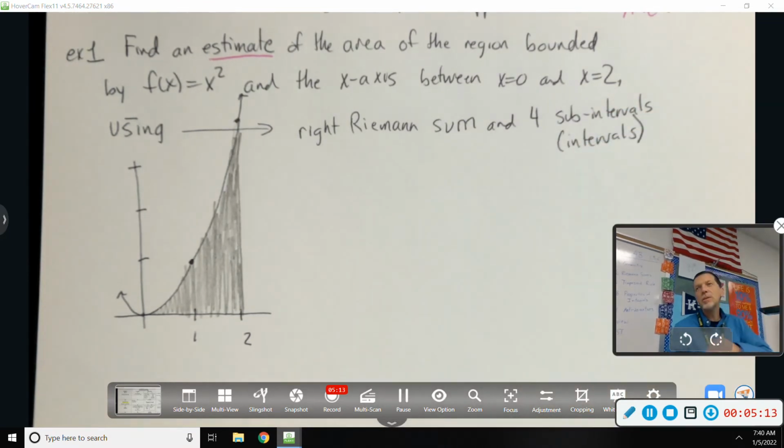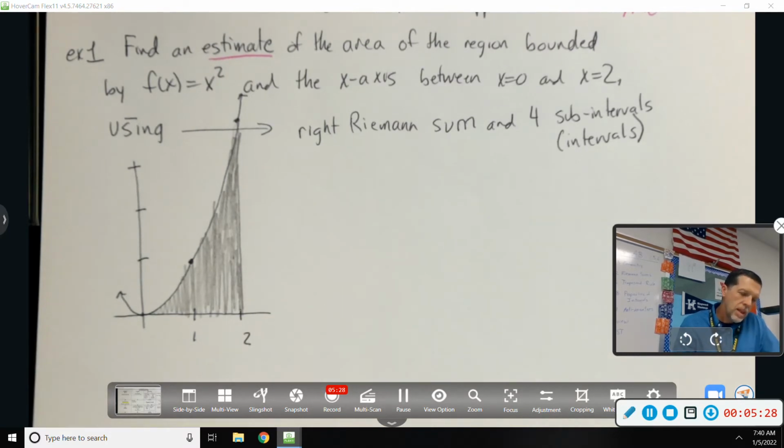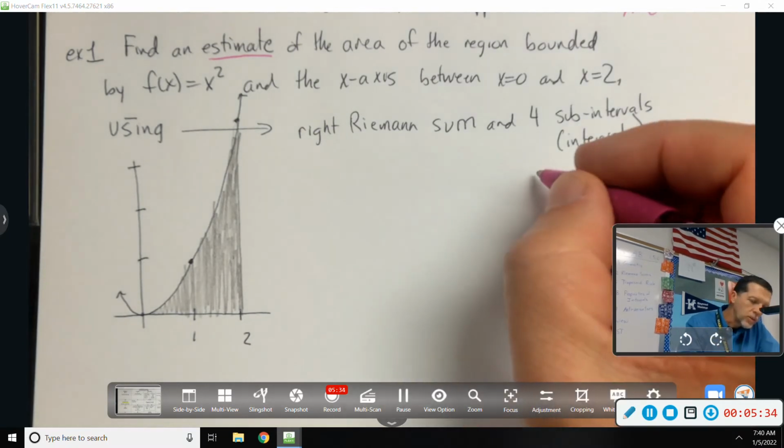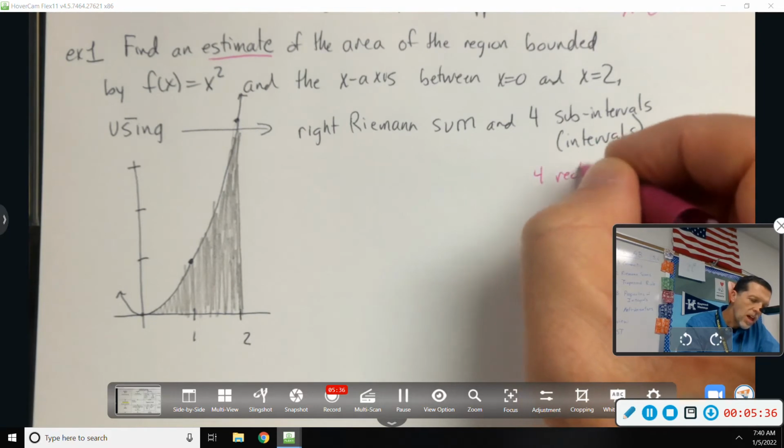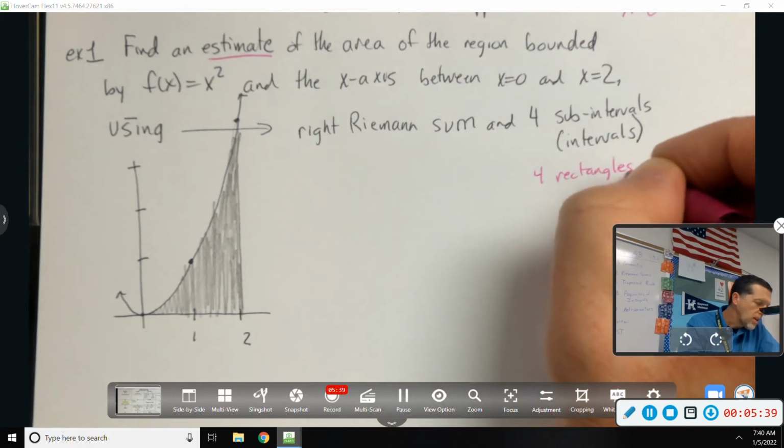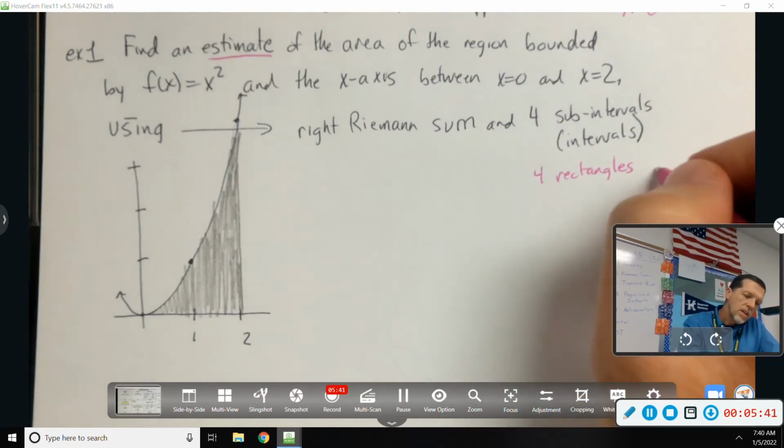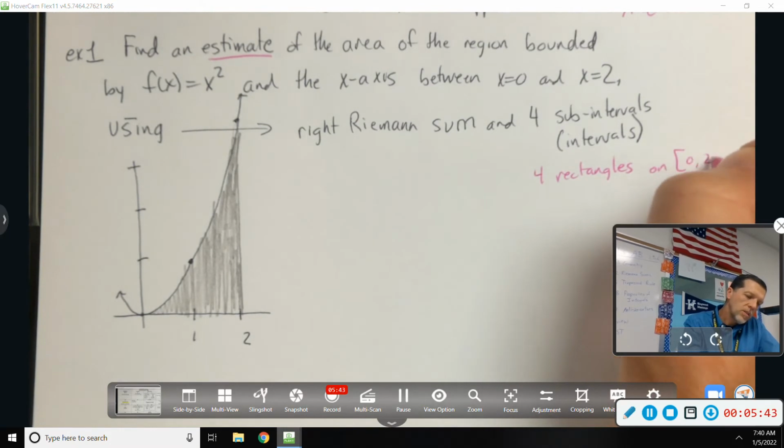A subinterval versus an interval is the same thing in this context. Okay, 4 subintervals. So I want 4 rectangles on 0 to 2.